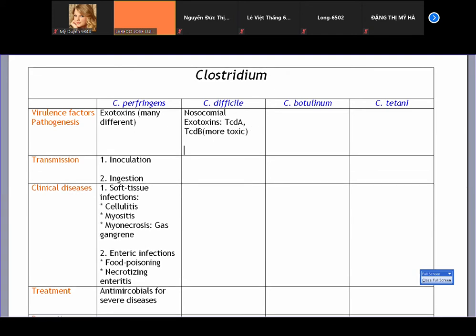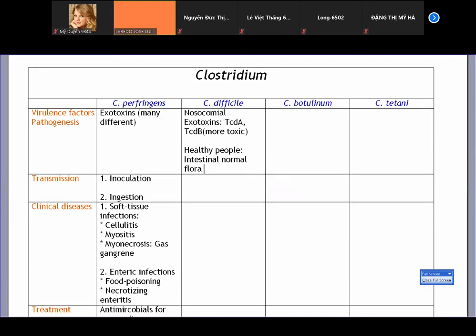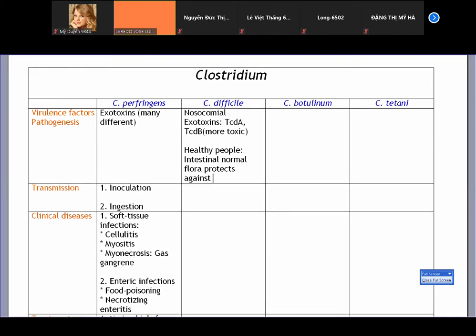This is a typical nosocomial and sometimes opportunistic pathogen because in healthy people, the intestinal normal flora can protect against Clostridium difficile.